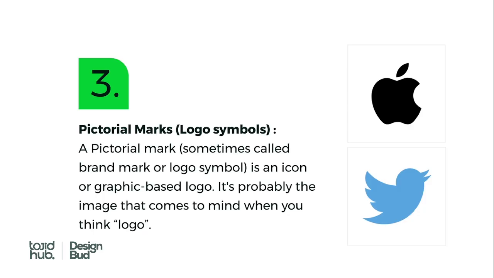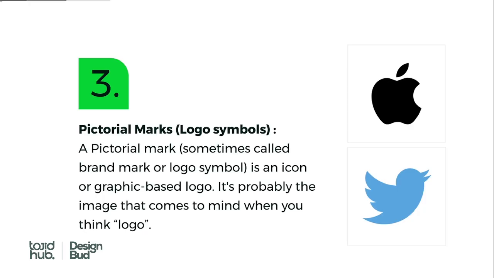Because of this, it can be a tricky logo for new companies or those without strong recognition to use. Companies that use this kind of logo always have strong brand recognition. Examples of these companies are Apple, who use an apple image with a little bite, and Twitter, who use a bird. We also have other examples.